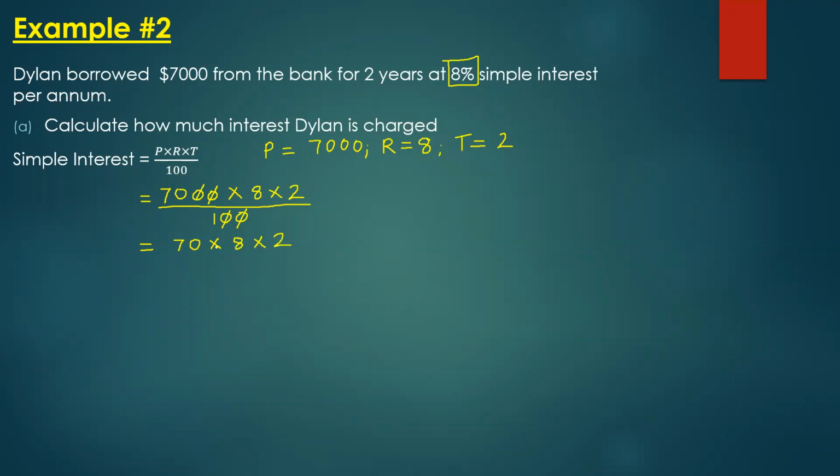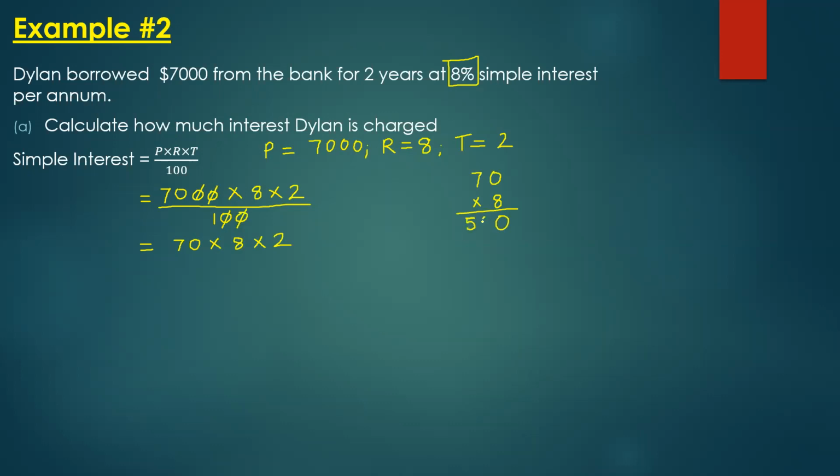So the first thing we're going to do is multiply which two numbers? 70 and 8. So 70 times 8. What is 8 times 0? 0. Definitely 0. And 8 times 7? 56.